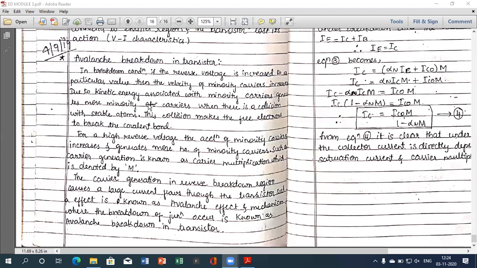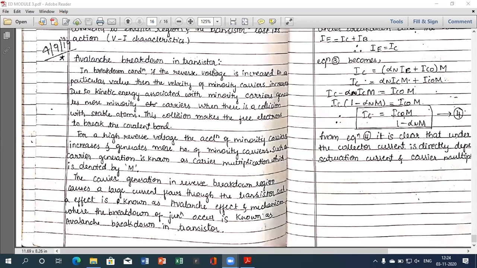Okay, so now we will start with the last topic of module 3, that is avalanche breakdown in transistor. I hope you already know about the avalanche breakdown in a diode, because we already discussed this topic in diode. So what is avalanche breakdown in a transistor?